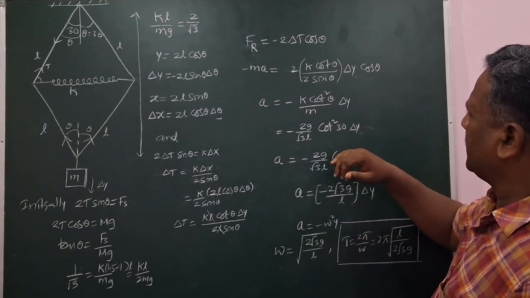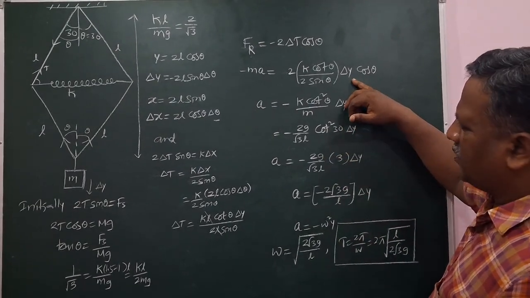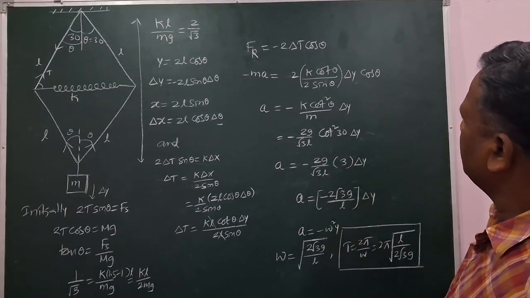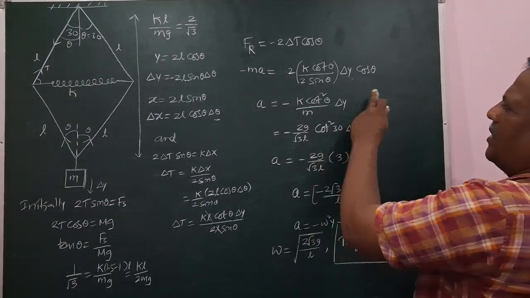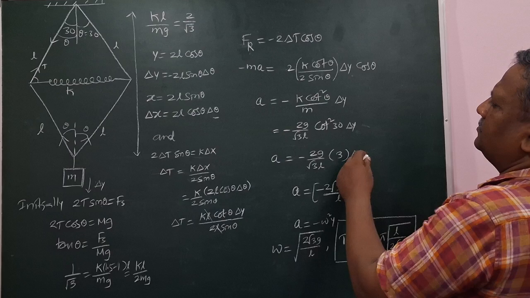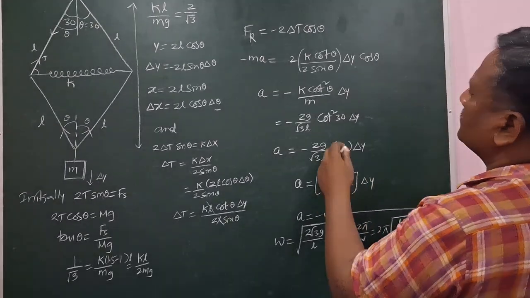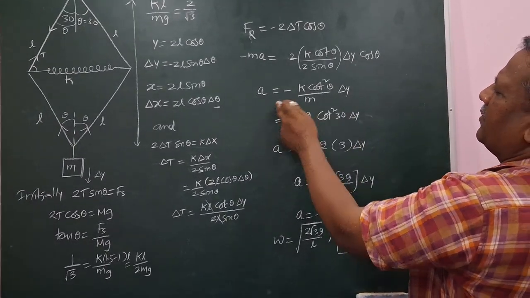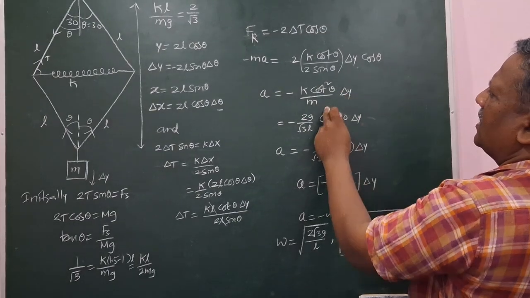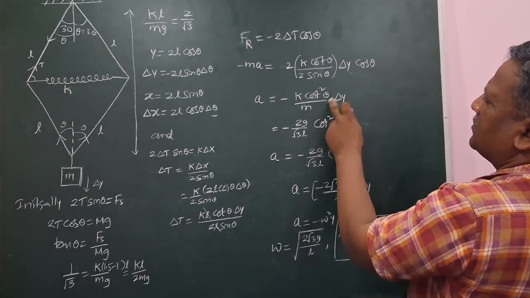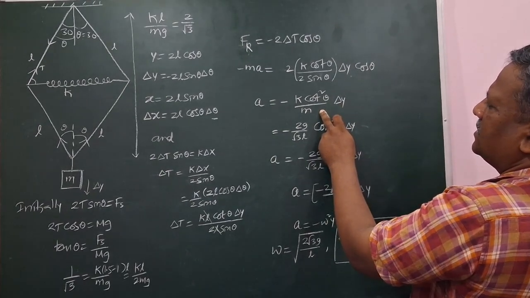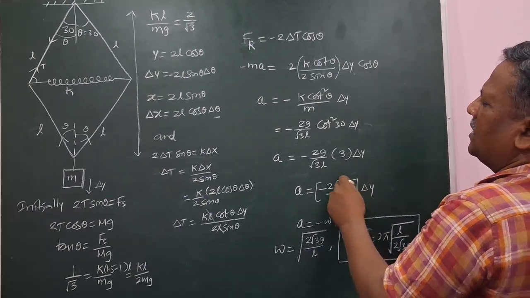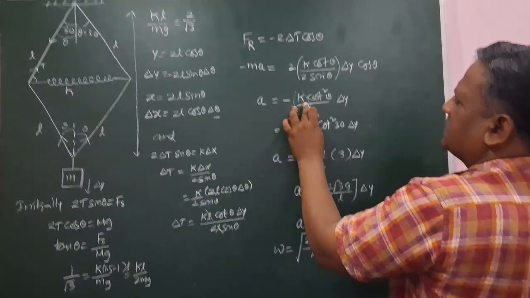By simplifying, put the value of delta y from this equation here, and by substituting, bringing this m and delta y, cos by sin is cot theta, cot theta into cot theta, and k by m from this equation.